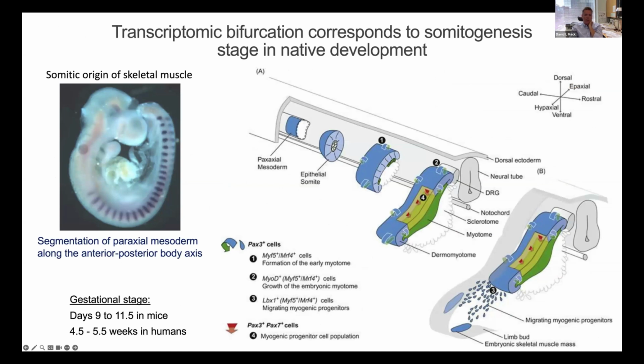So we're postulating that a dystrophin mutation has this effect at this compartmentalization of the somite, shown here in blue, or during the delamination and migration of myogenic progenitors as they form the muscles of the body wall and limb buds. It could also cause a defect in this so-called epithelial to mesenchymal transition that occurs on the ventral side of the myotome, shown here, this kind of green and lime green.